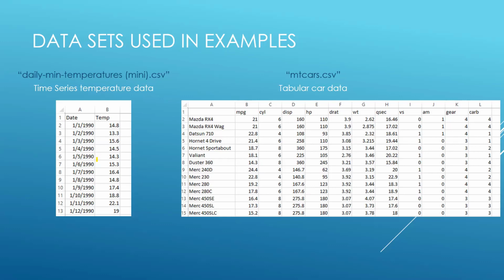If you look at it on the left, just dates down the left-hand side, temperatures in the right-hand column. The second data set we're going to be playing around with is one called MT cars. This is a pretty popular data set used for practicing. It's one that's also available through R. It comes up in a lot of examples for instructing people on how to do data analysis.